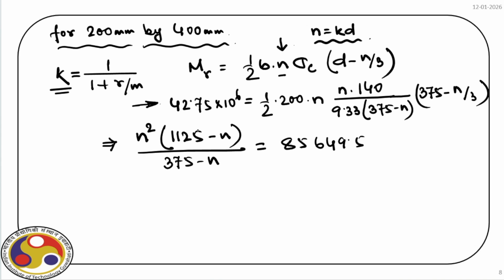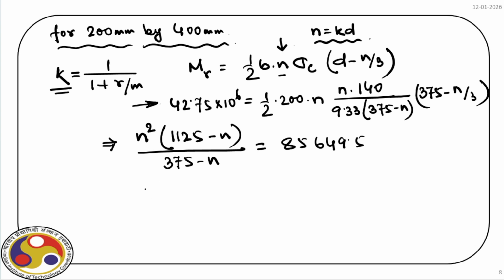Now, this is a cubic equation, and we have to solve it using hit and trial. So we can try different values of n, and then we can find out the solution. Otherwise, we have to solve this cubic equation.